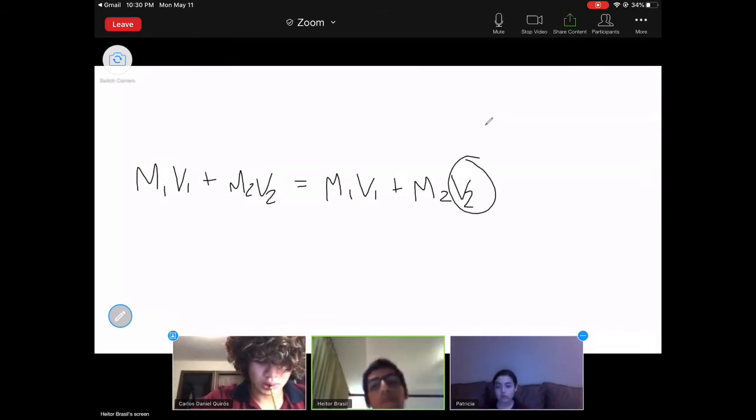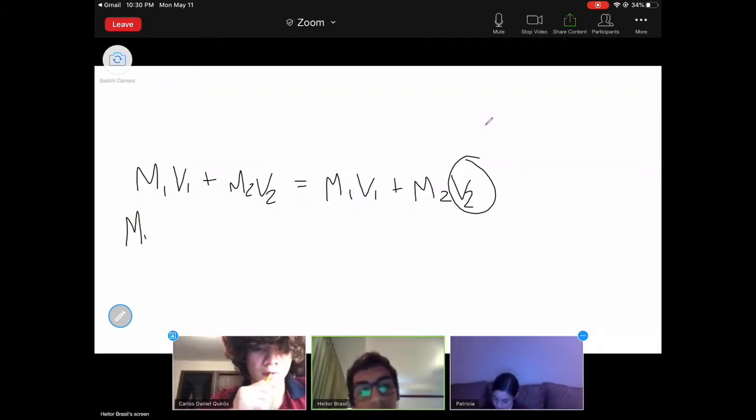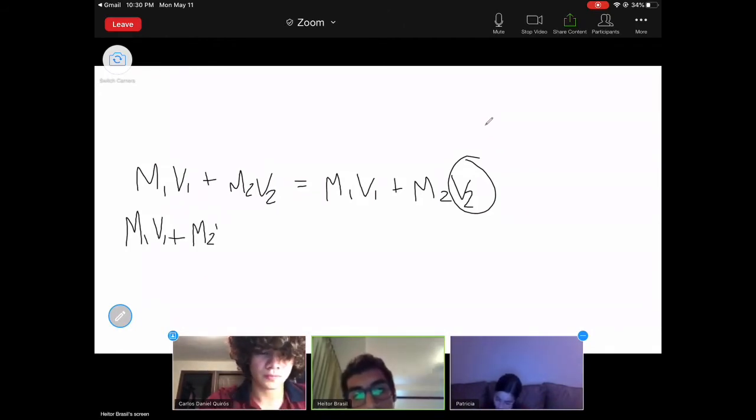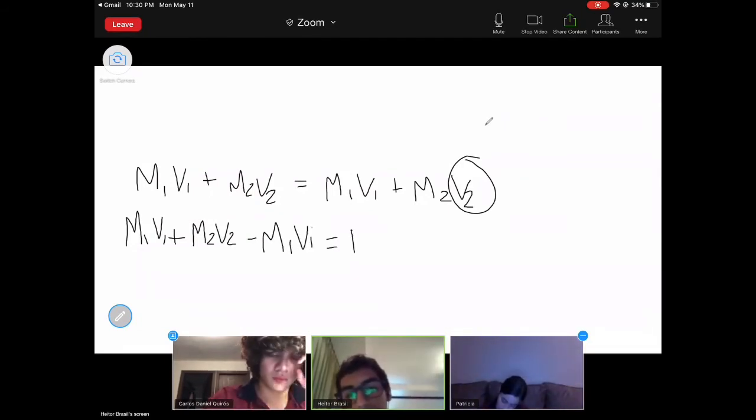So we're going to move everything that is not that to the other side. First of all, we're going to start with the M1 V1 on the right, that is adding. If you're passing it to the other side, you got to subtract. There you go. There's the step. And now you're going to have M2 V2.